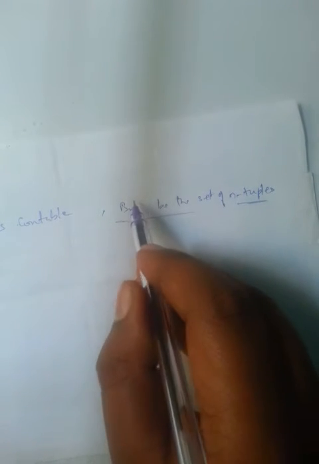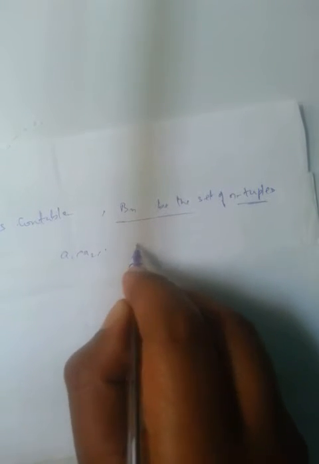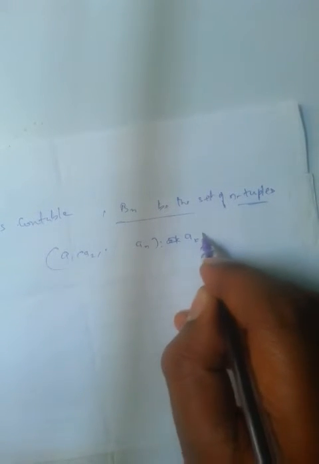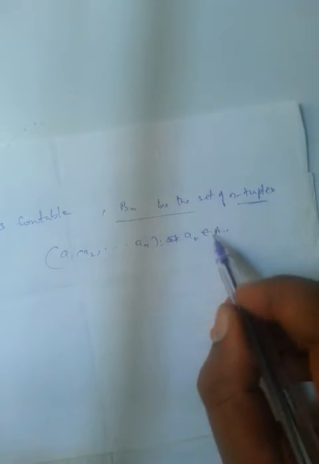We are saying that the elements generating this Bn, for example a1, a2, and so on up to an, are such that ak belongs to A, which we have considered here to be countable.